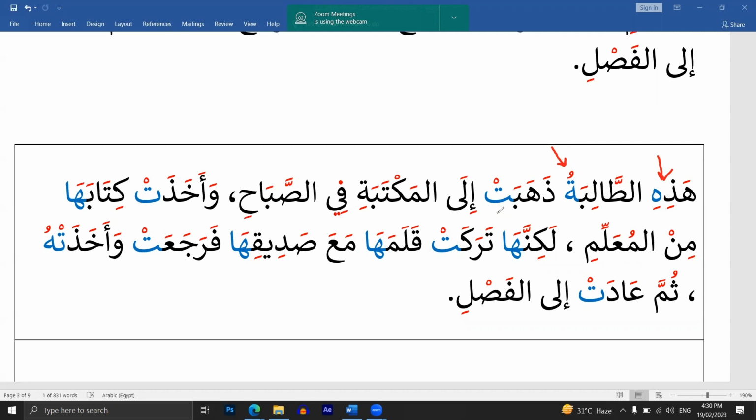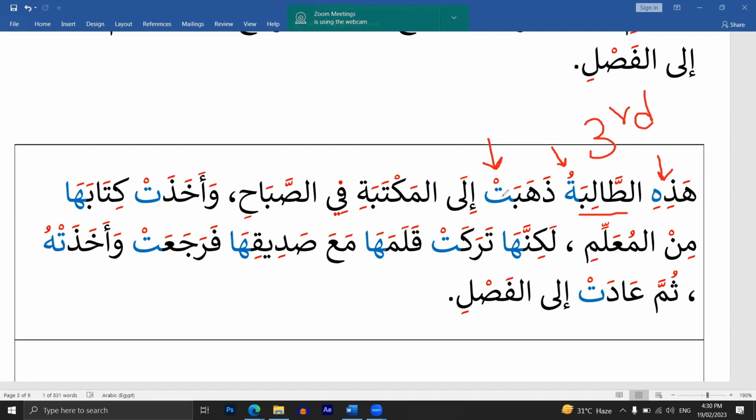Then the conjugation for the verb, the past verb, which we covered last week, because this one, الطالبة, is a third person. Right? So the right conjugation is تا, which is called تاء التأنيث. It's a consonant.